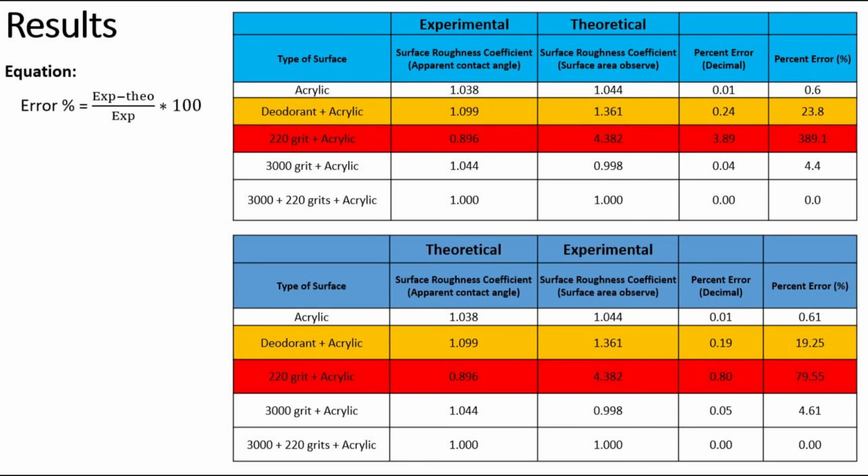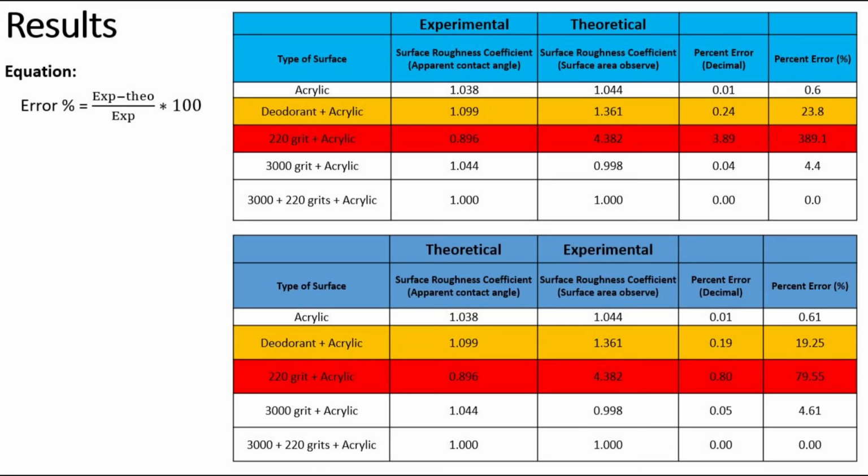Now finally, here are the final results that I have for comparing the two approaches. As you can see, there are two tables. In the first table, on the top, I have my surface roughness coefficients, in which I got the apparent contact angle and the surface area. I decided to use the experimental value as the apparent contact angle approach, and I used my theoretical value as the surface area observed experiment to get my percent error values.